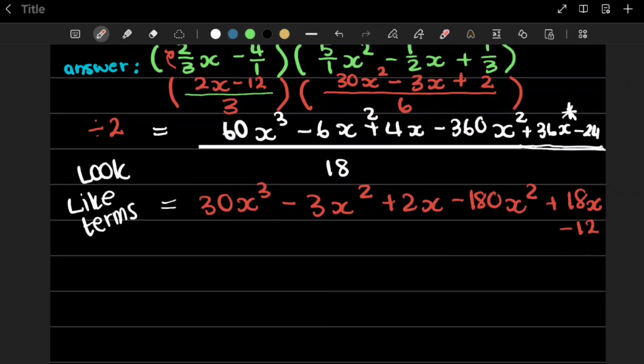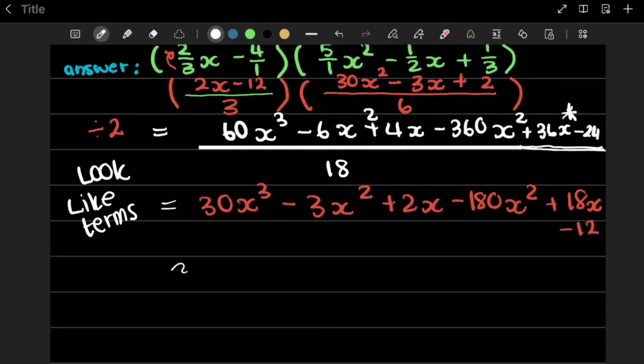Okay. Now you're going to look for like terms. We know that 30x cubed doesn't have any other like terms, but x squared does. We've got minus 3 minus 180, which gives us minus 183x squared. And then we've got 2x, and that does have another like term, which is 18x.